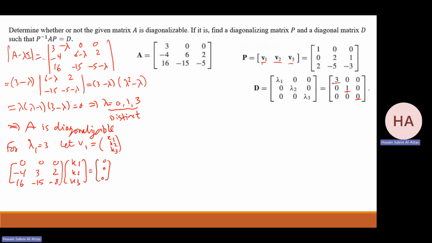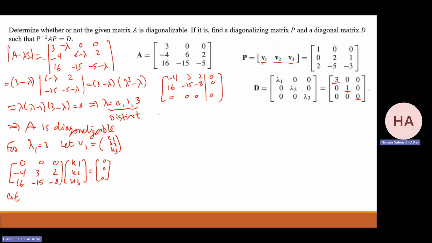I can solve the system using Gaussian elimination. I will interchange the rows: I make the first row the second one, and the second row the third one. I can interchange the rows, no problem. This is 0, 0, 0.